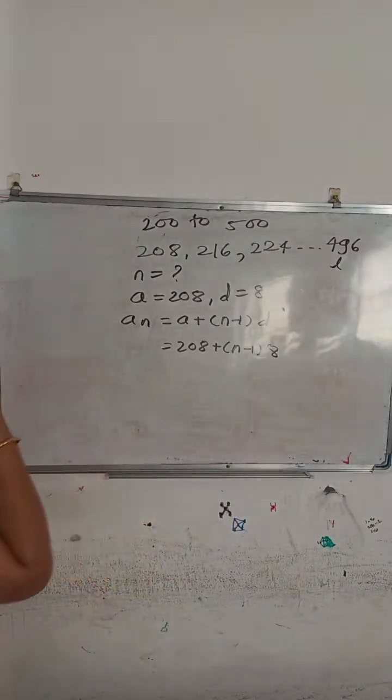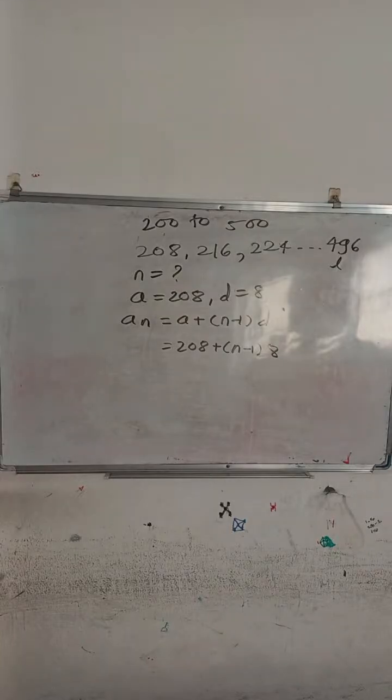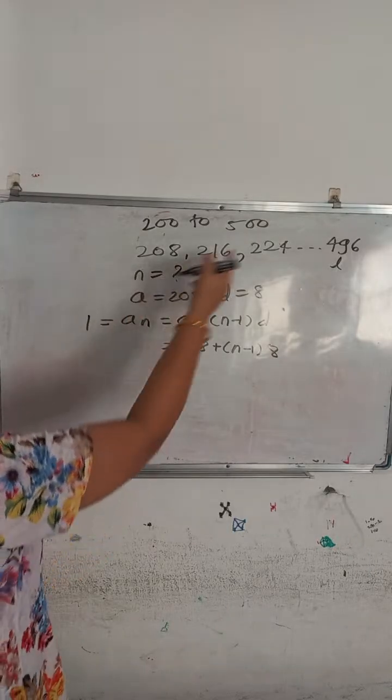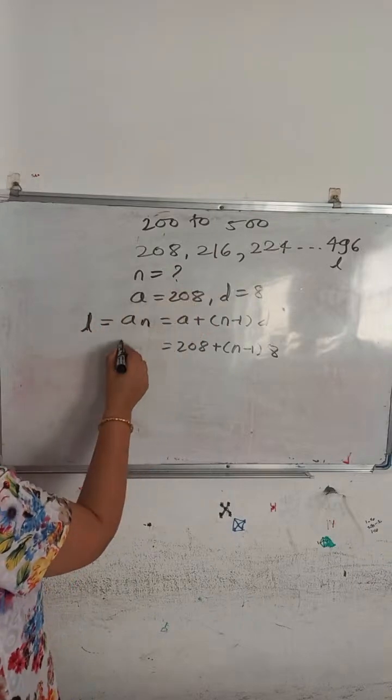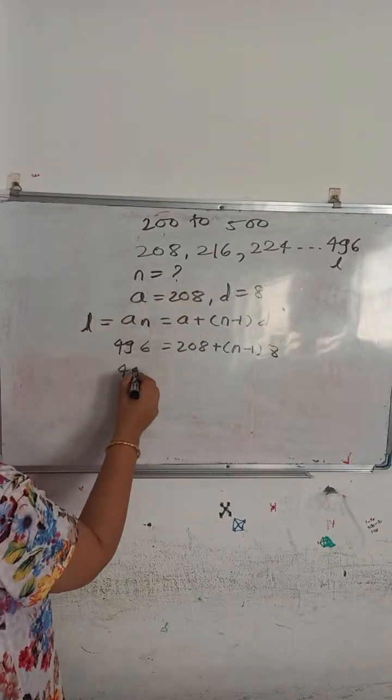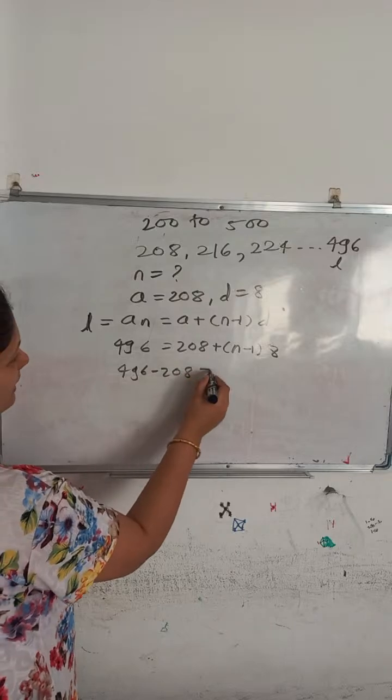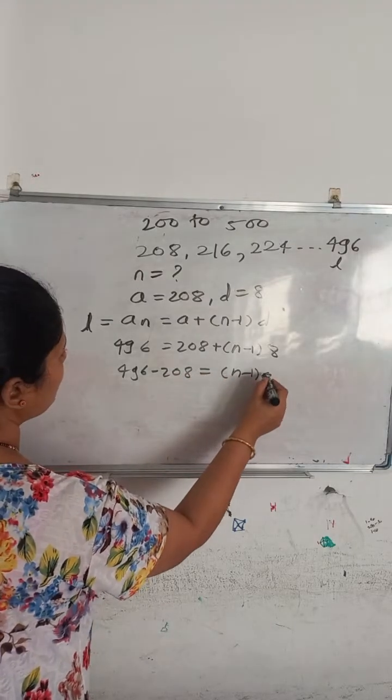Now what about an? It is your last term, and the last term is 496. So 496 equals 208 plus n minus 1 into 8.